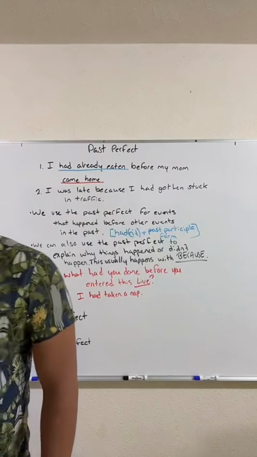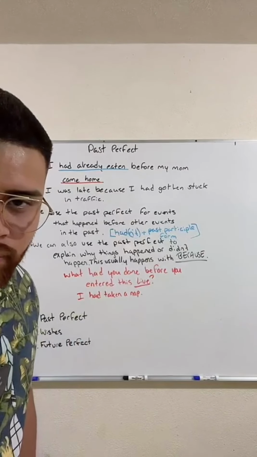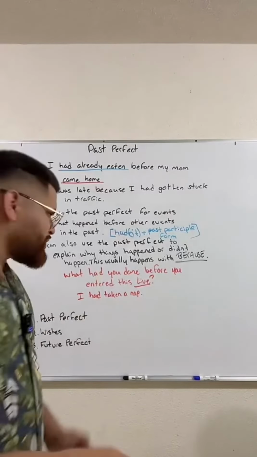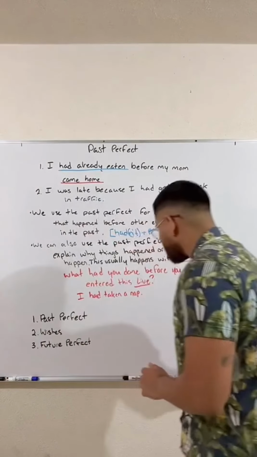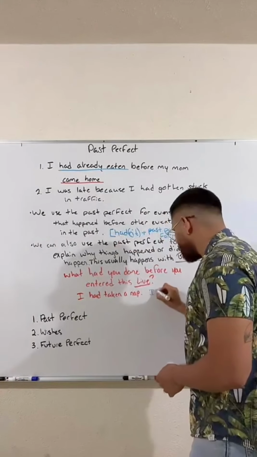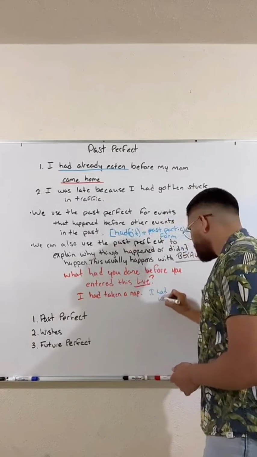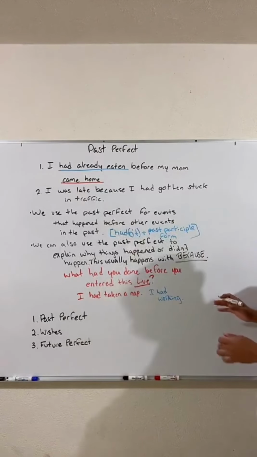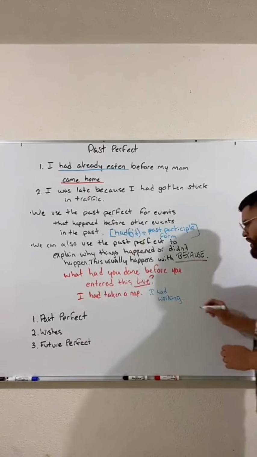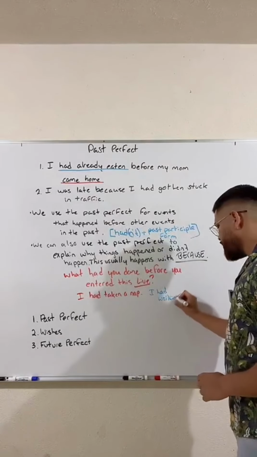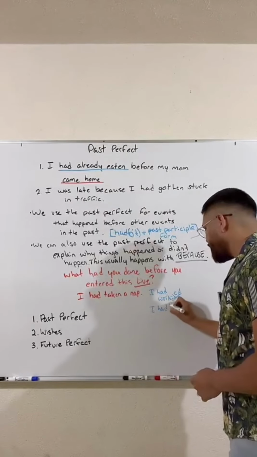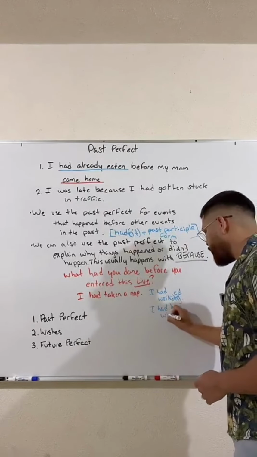I had been watching TV. All right, Ernesto said, I had working. This right here, you have two options. You could say, I had worked, or I had been working.